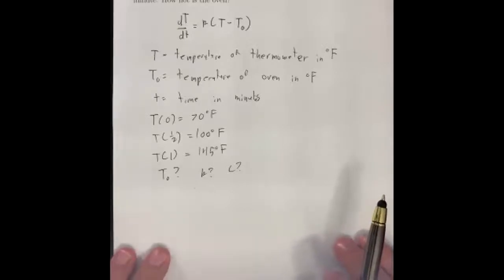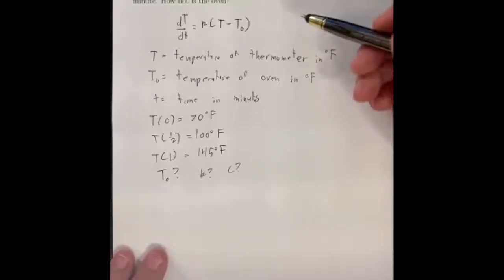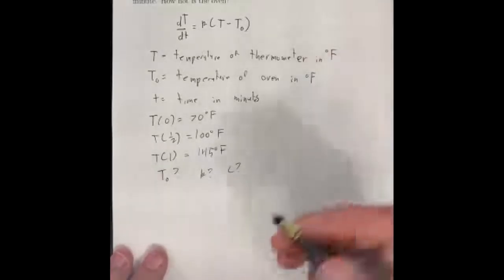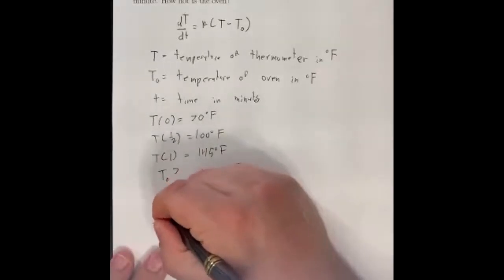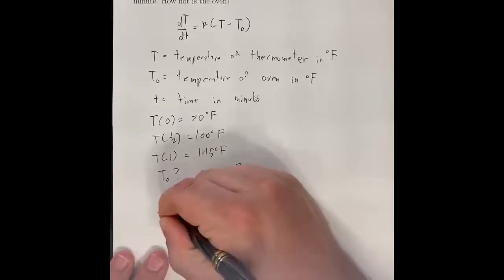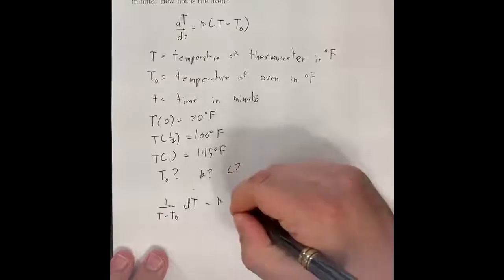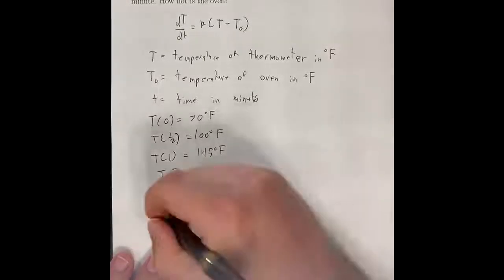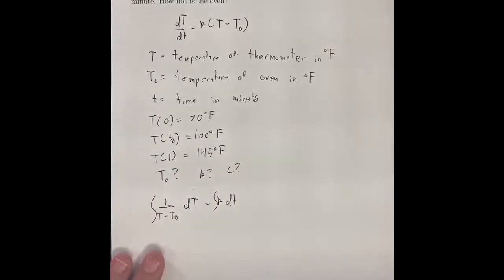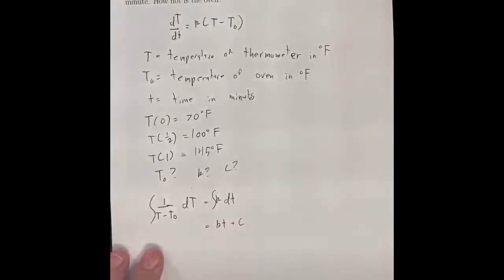So first step, solve this differential equation. Again, this is actually separable because there's no small t in there at all. So this becomes 1 over T minus T naught dT equals k dt. Okay. Integrate both sides. We get kt plus our constant.